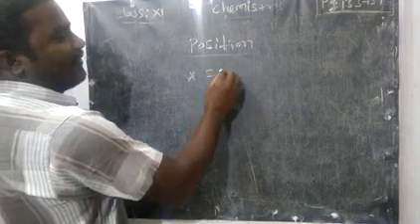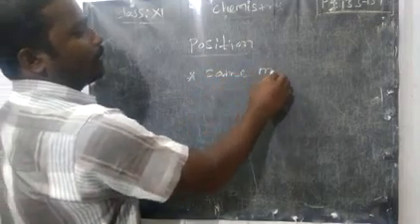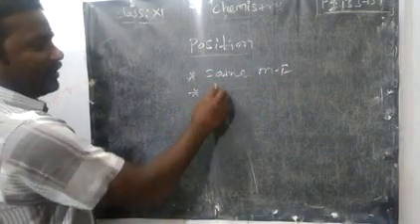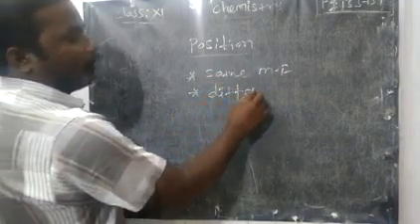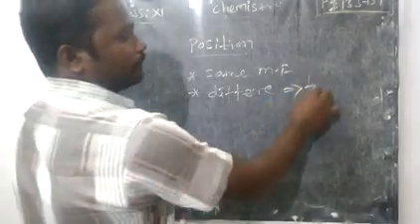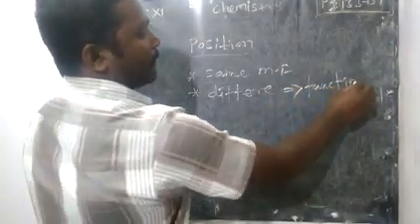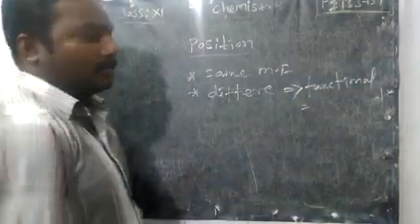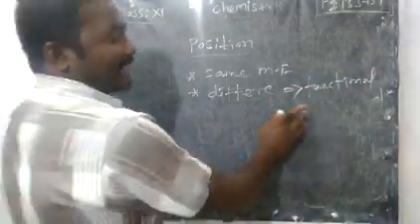The compounds having the same molecular formula, but they differ in the position of the functional group, or it may be the double bond, or side branch.